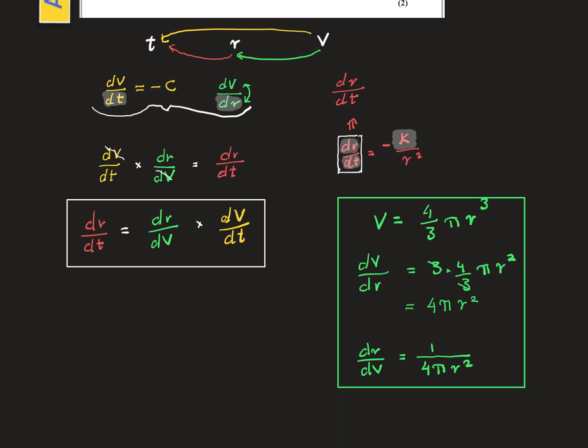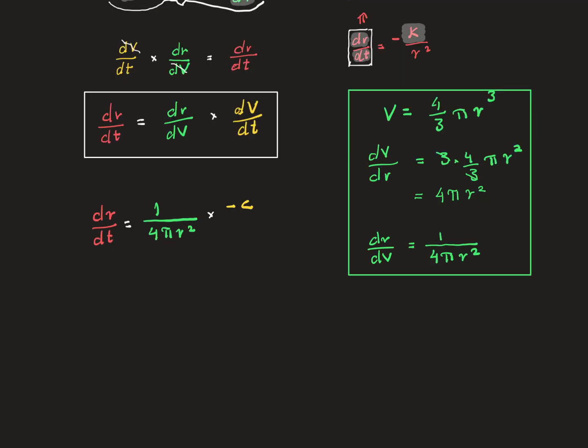If this is now substituted in our equation, dr over dt is equal to 1 over 4 pi r squared, and we're going to multiply it by a minus constant, and this will become minus c over 4 pi multiplied by 1 over r squared.